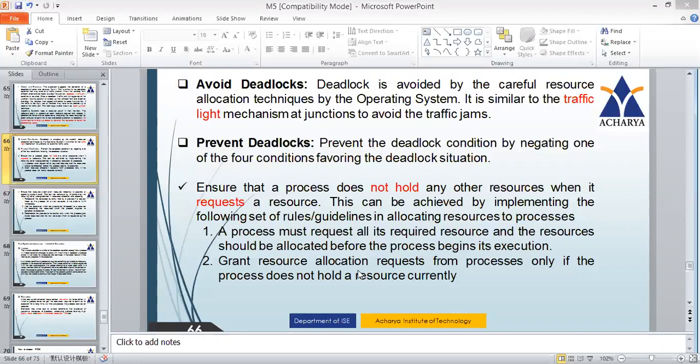Another one, grant resource allocation requests from processes only if the process does not hold a resource currently. So you should grant the resources to the process if it does not hold any resource currently. So these two are the methods to prevent the deadlocks. So let us see the other type.